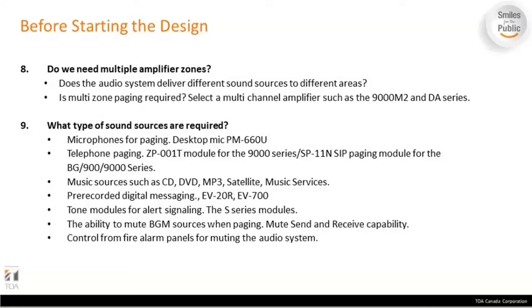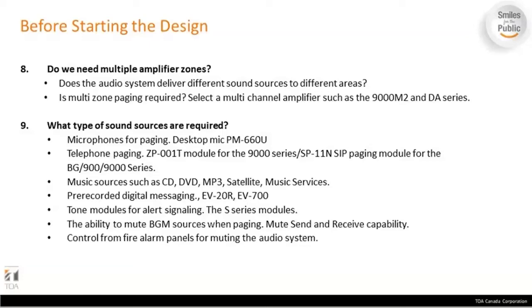So then you have to break apart the total area, try to understand what kind of speaker will fit in a particular zone, then calculate the wattage accordingly, and decide the amplifier output wattage that you need for that speaker zone. Also, if it's multi-zone, then you have to go with multi-channel mixer amplifiers like the TOA M9000 M2, backed up by the DA series amplifiers, our DA250, DA500 lineup.